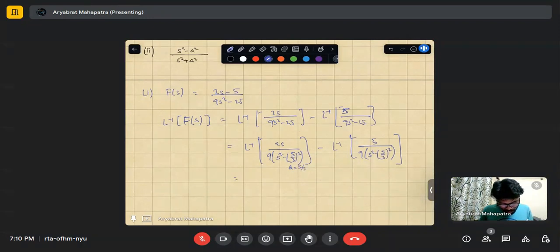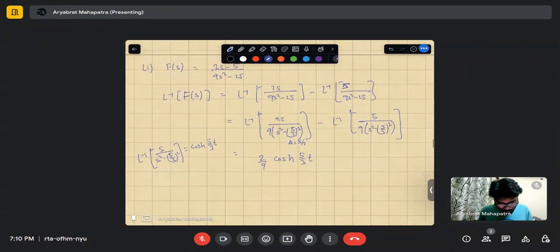Since I have an additional factor of 2 and a 9 in the denominator, 2 by 9 is the factor multiplied with cos hyperbolic of 5 by 3 t. So the inverse Laplace transform of s over s squared minus 5 by 3 whole squared gives cos hyperbolic 5 by 3 t. That is the first one.